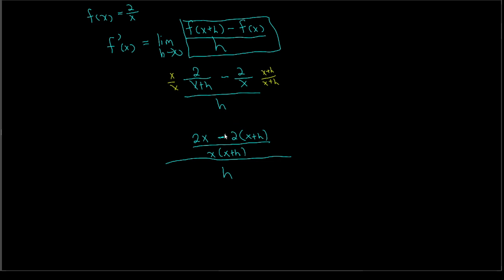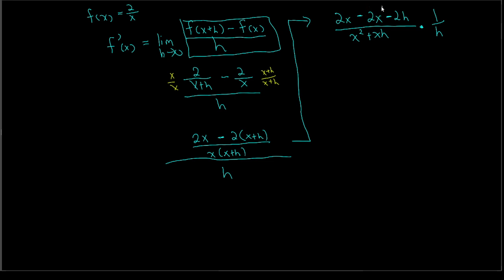And so we're going to do a little bit of cleanup here. If I look at the numerator, I'll bring it up here. We have 2x minus 2x minus 2h over x squared plus xh times 1 over h.